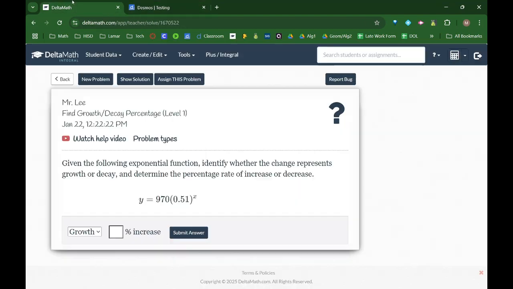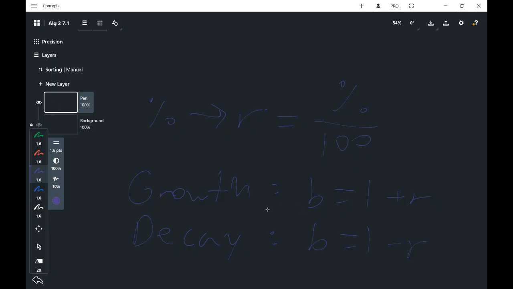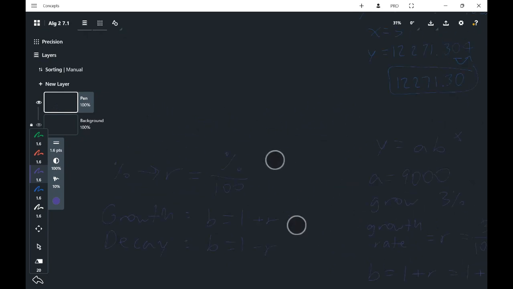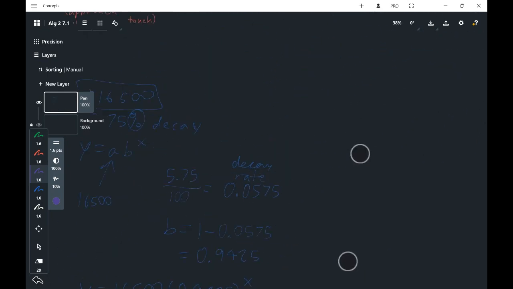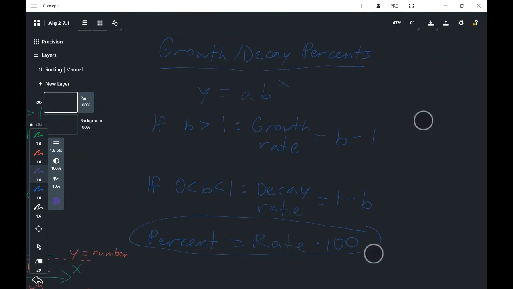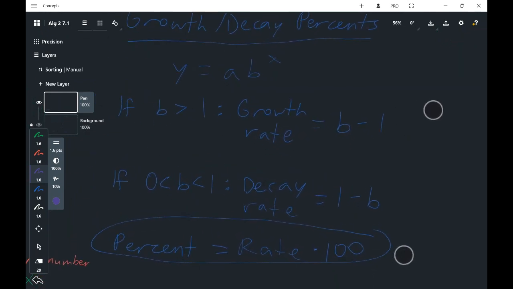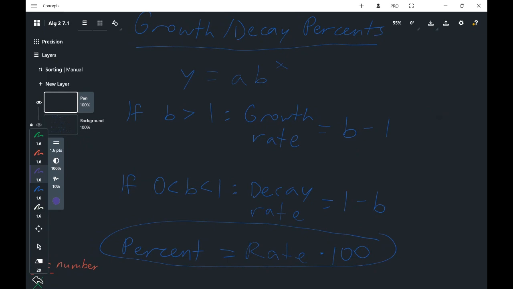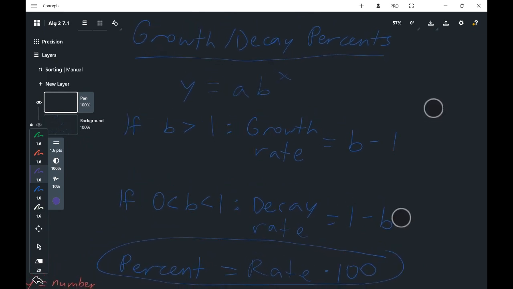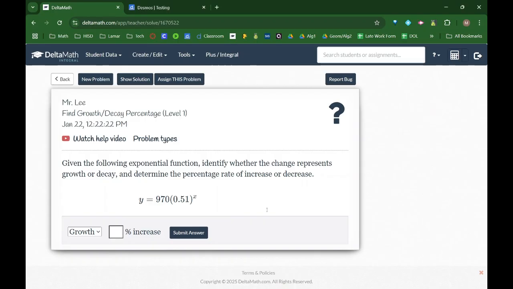And given what we just learned, we can do what we did, but in the opposite direction. I have some notes already written out up here. Let's first look at the b value, because if we're looking for the percentage rate of increase or decrease, we don't really care about the starting value, unfortunately.